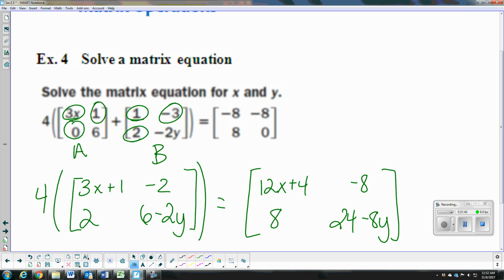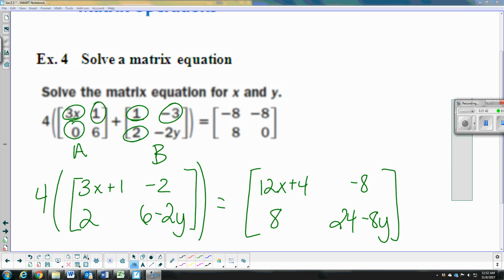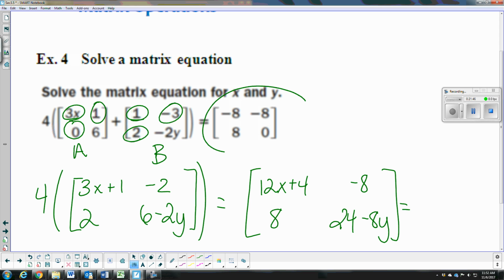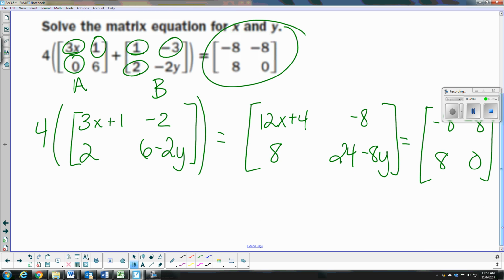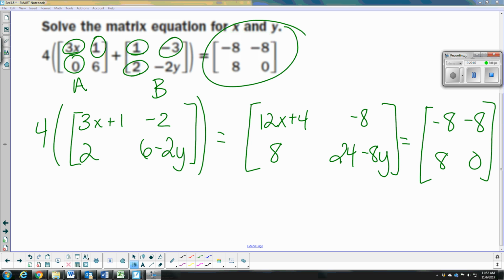Okay, now we know that this matrix equals this matrix, because 4 times the sum of those two matrices equals negative 8, negative 8, 8, 0. So now each element has to correspond to the element in the other matrix.